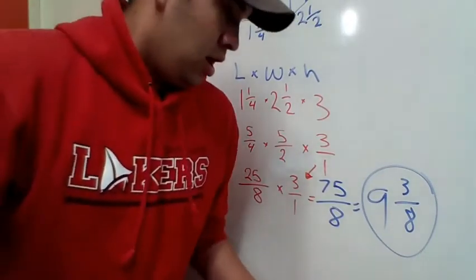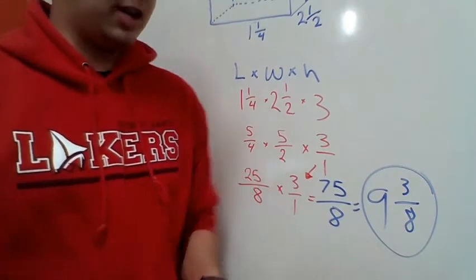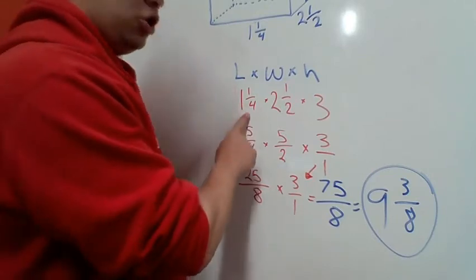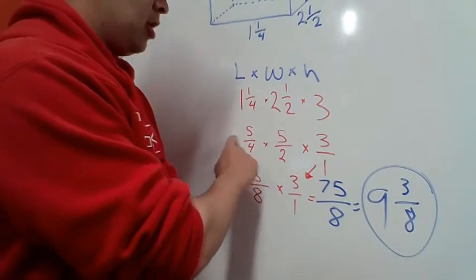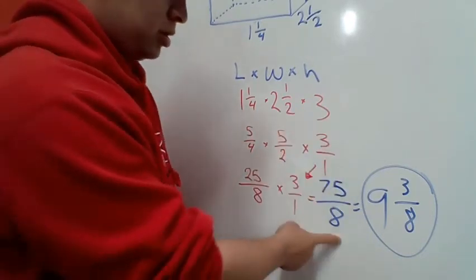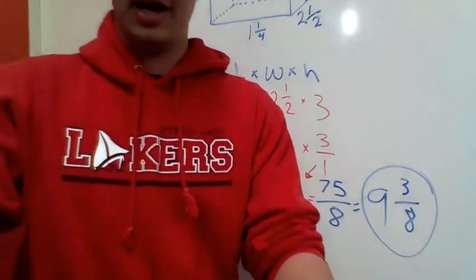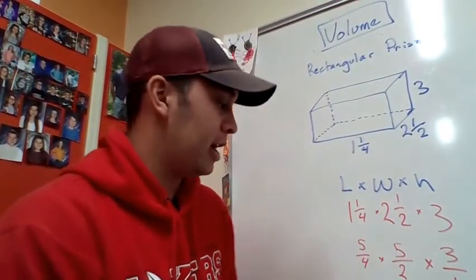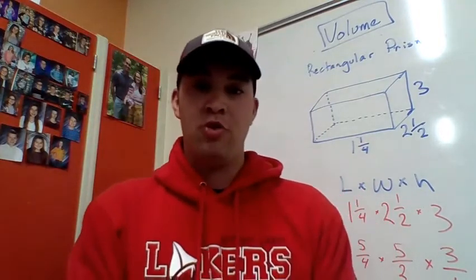Now, that's a pretty big review from the beginning of the year. That's a very big concept, okay? Multiplying fractions. Remember, you change your mixed numbers to improper fractions, multiply your tops, multiply your bottoms. When you do all of your numbers, then you can change it to a mixed number again, okay? Other than that, guys, that's the big concept for today: multiplying fractions, finding your volume for rectangular prisms.